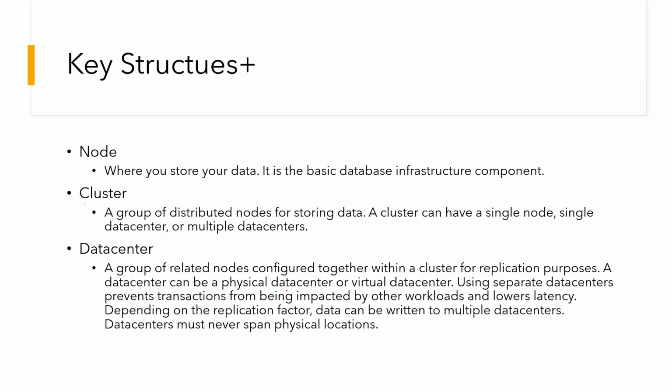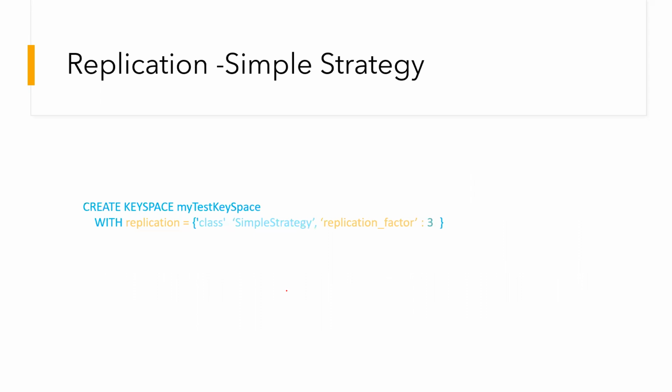But a data center will never span across multiple physical locations, which means you have one data center associated to one physical location, and you might have multiple nodes in that data center, whereas the cluster may span across another physical location which has nodes from that same cluster as well, and you will be defining the replication factor between those two data centers. I will come to replication. I know every concept is taking us back there, but that is where we are talking about replication strategy.